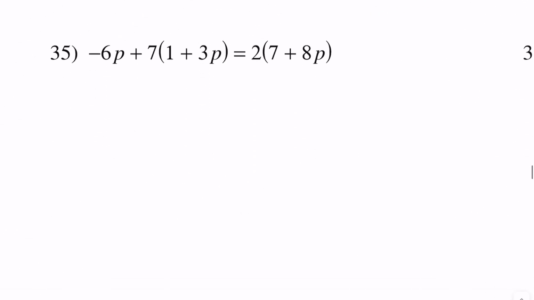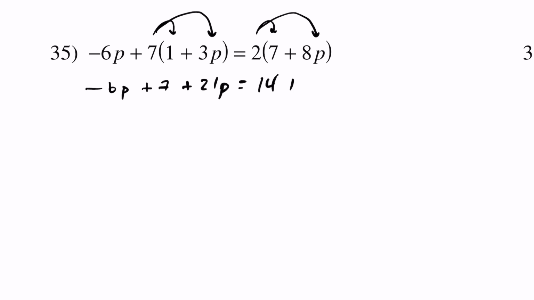Let's take a look at 35. So 35 here, same idea. I have to do my distribution on this first, likewise with the 2. This becomes minus 6p plus 7 plus 21p equals 14 plus 16p. And again, that's all multiplication. At this point, again, collect like terms before you start moving things around.